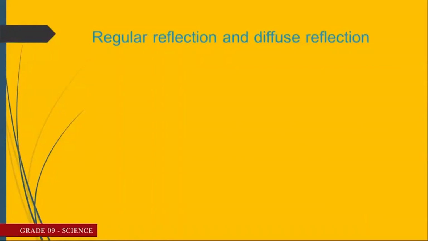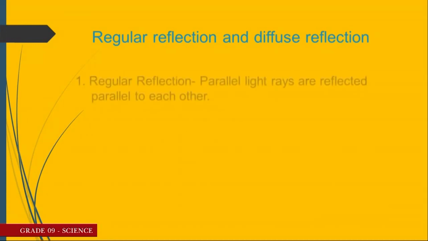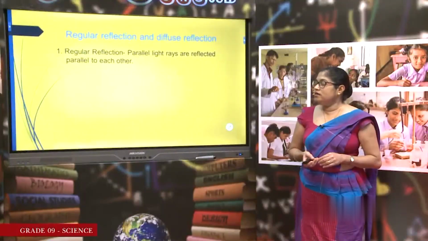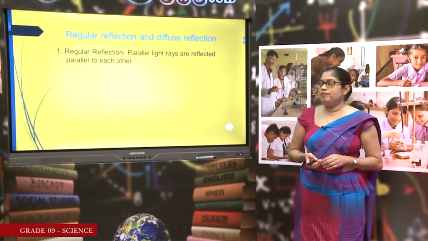Reflection is of two types: regular reflection and diffuse reflection. Let us see what regular reflection is. When parallel light rays are falling on an object, if they are reflected parallel to each other, we call it regular reflection.